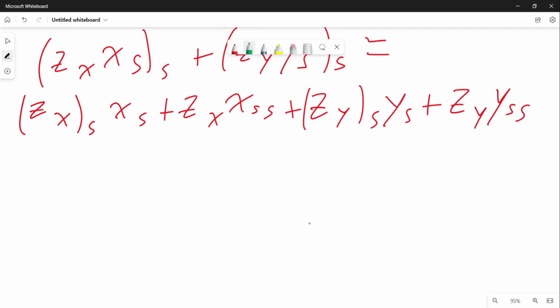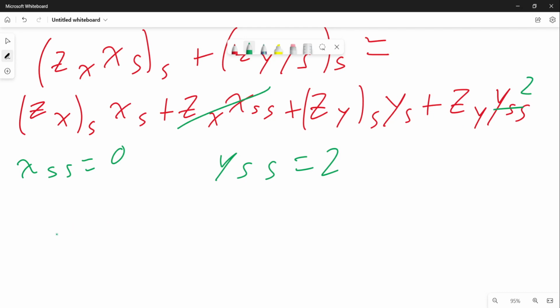Now I will take a little aside here to say, good news is x double s is 0, so we can strike that part out right here. And y double s is 2, so we're going to replace that with a 2. So this we could clean up a little.